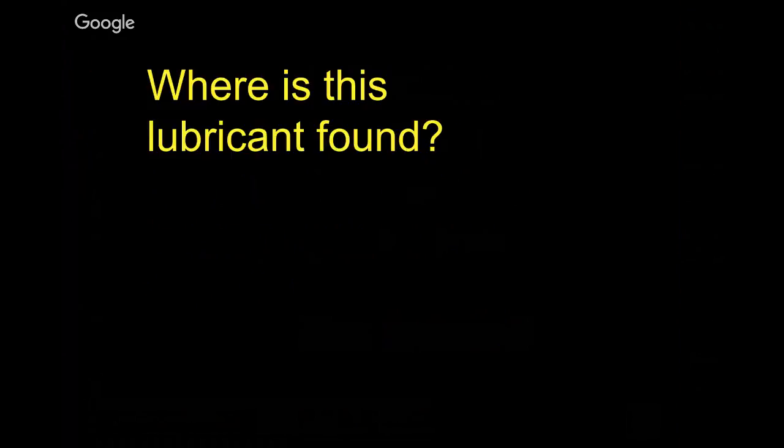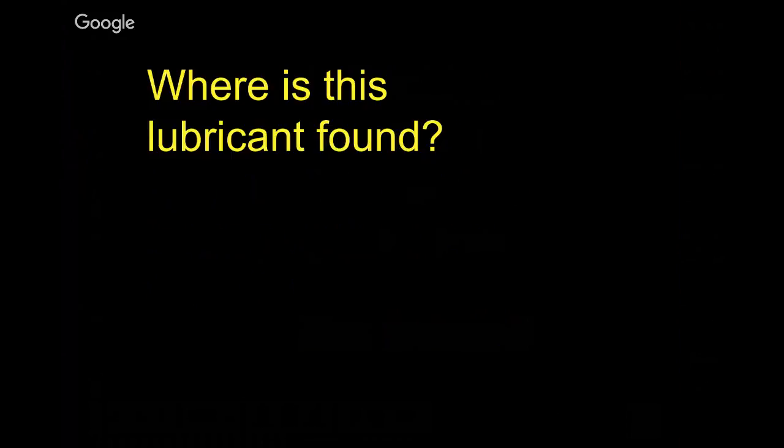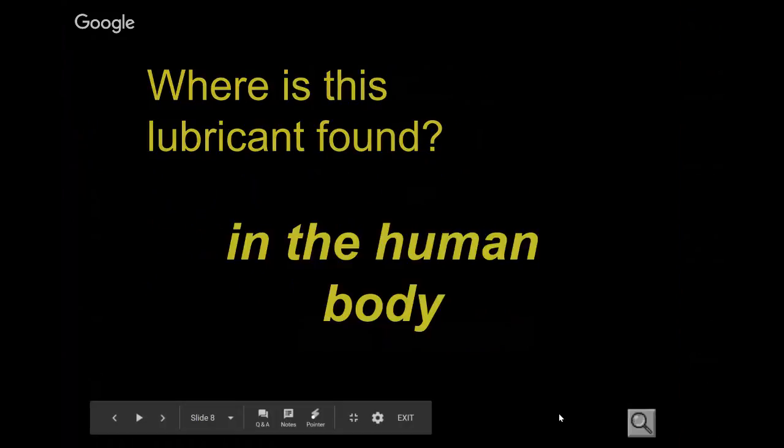Water. That's a good guess. Water has some lubricating factor to it. That's true. Oil? Yeah, oil, gas. Closer. Well, yeah, it's a special chemical, and guess where it's found? It's in you.